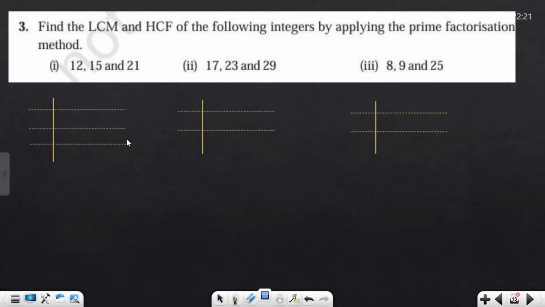Now we move on. If there are three numbers, how do we find the LCM? Now we solve the first part of the question.